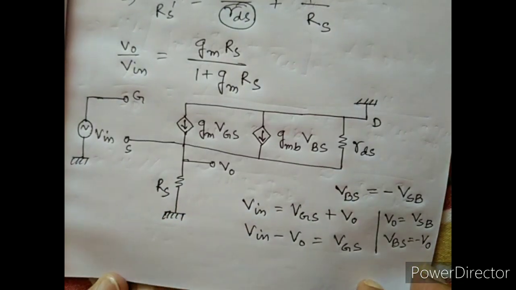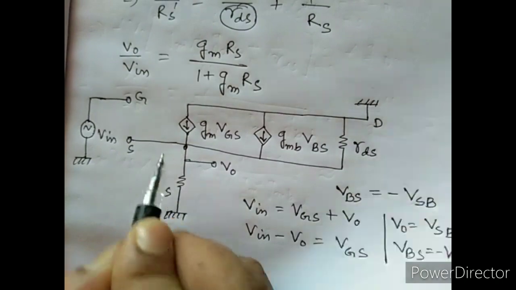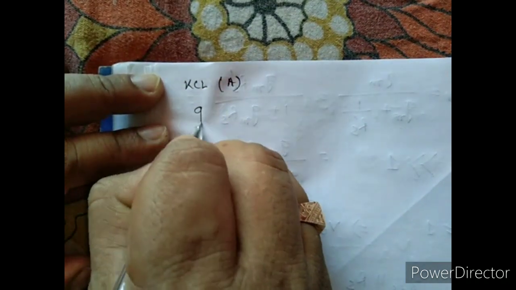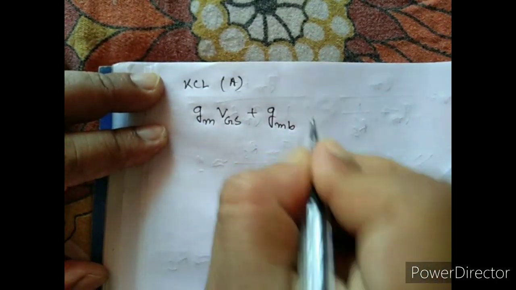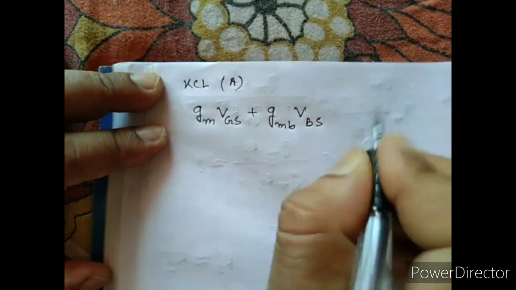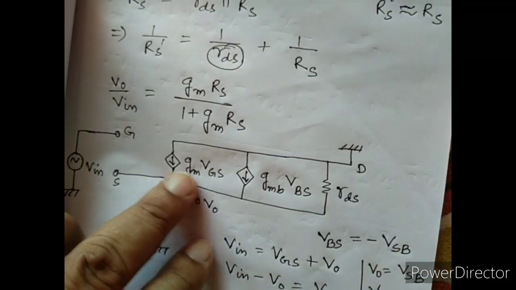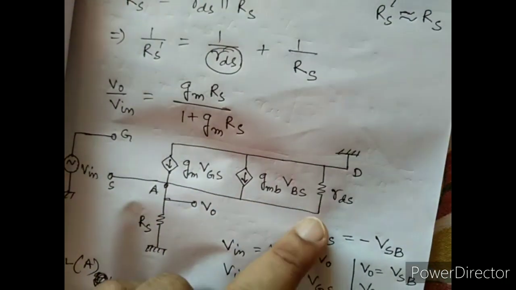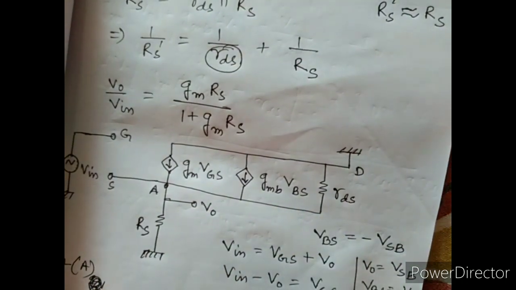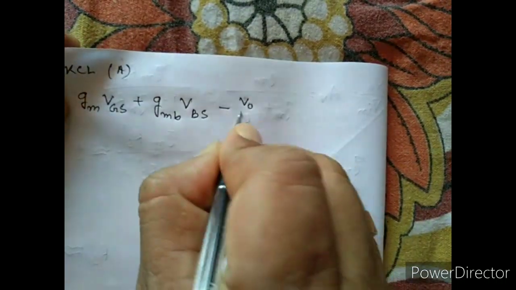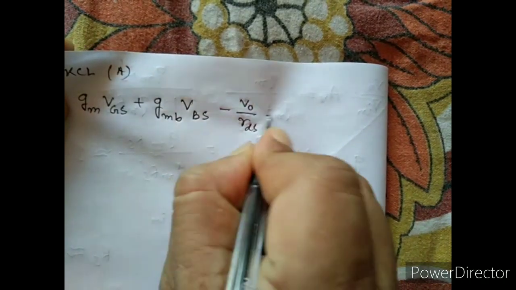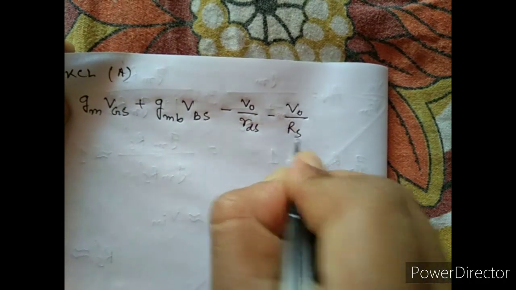Okay. Now if we apply the KCL at node A, then we can write gm VGS plus gmb VBS minus this gm VGS plus gmb VGS, that's minus V0 by rds minus V0 by RS equals 0.